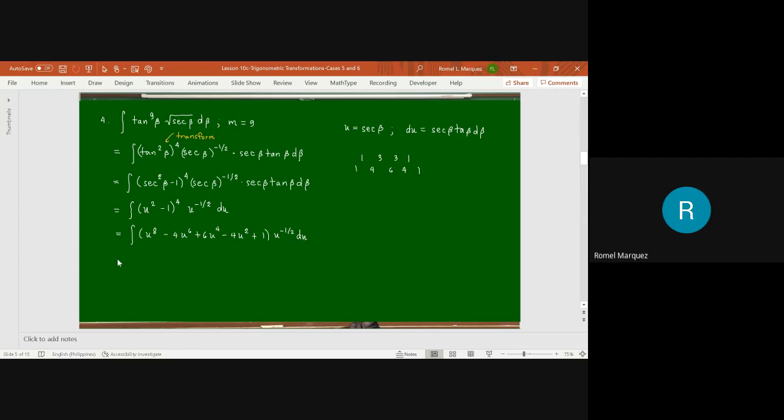Okay, guys? So let's now distribute 8 plus negative 1/2. That is what? 3.5, giving 7 halves. Am I correct, guys? Is it 7 halves? I think it's not 7.